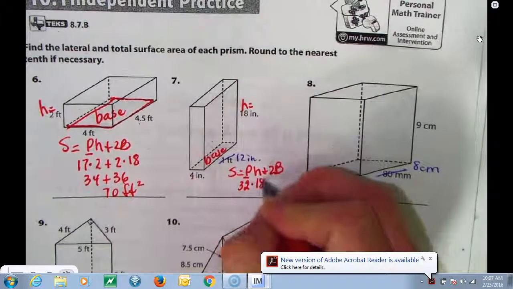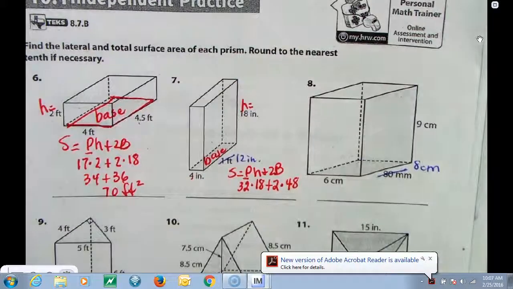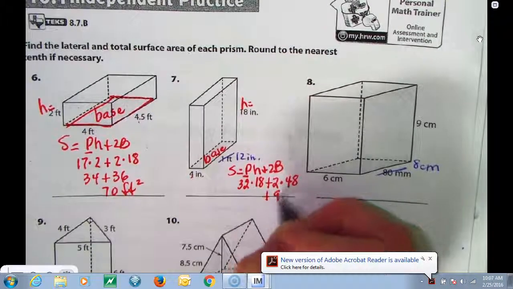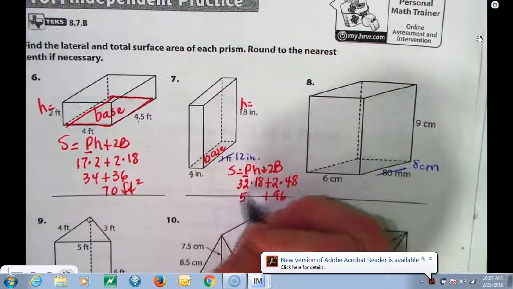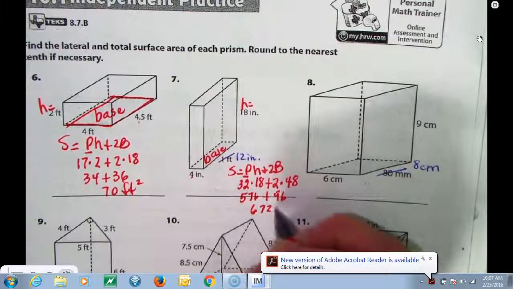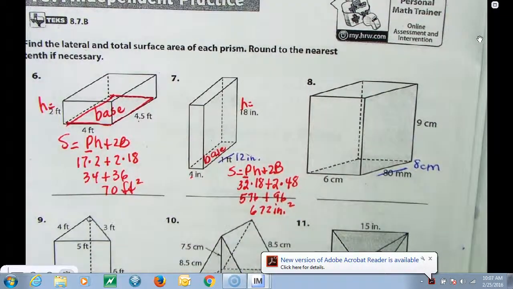Times, plus 2 times 48, because 12 times 4 is 48. So what are you going to get? 576 plus 96 is? Good job. Who got 672? Awesome.